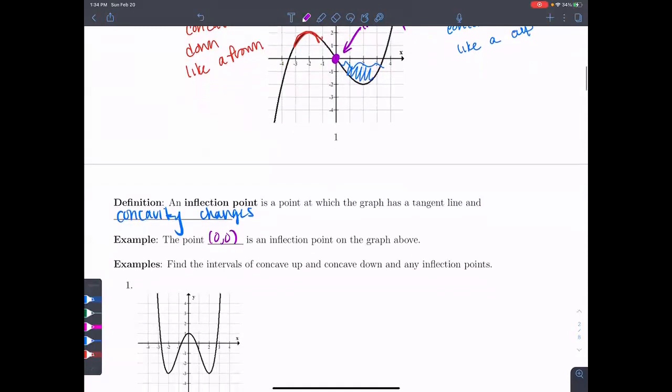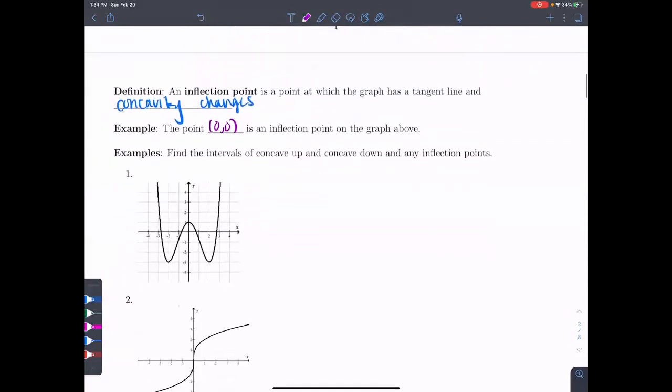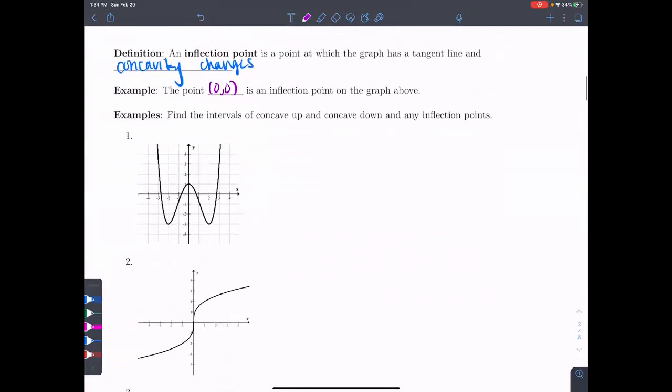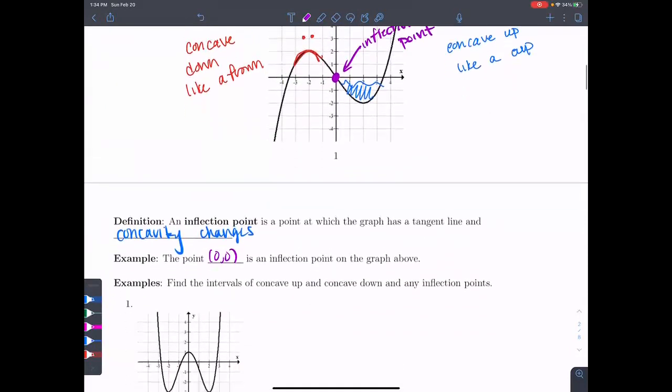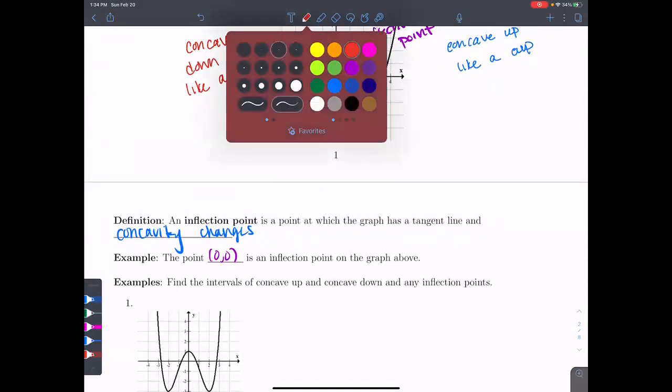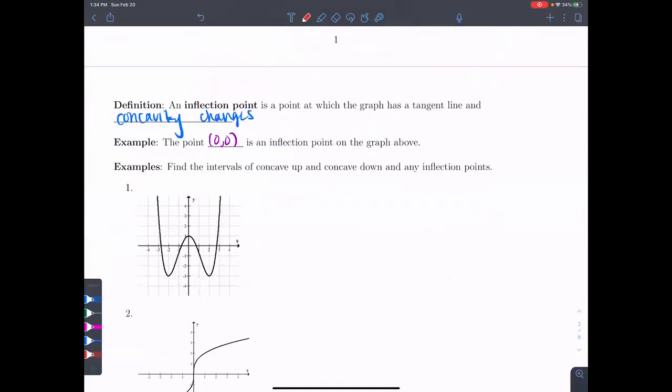Okay, so we're going to do this with a couple different graphs. We're going to figure out concave up, concave down and inflection points. Up we're going with blue, down we're going with red. Here-ish and here-ish, this would be concave down like a frown in the middle here, and then these would be concave up like a cup.